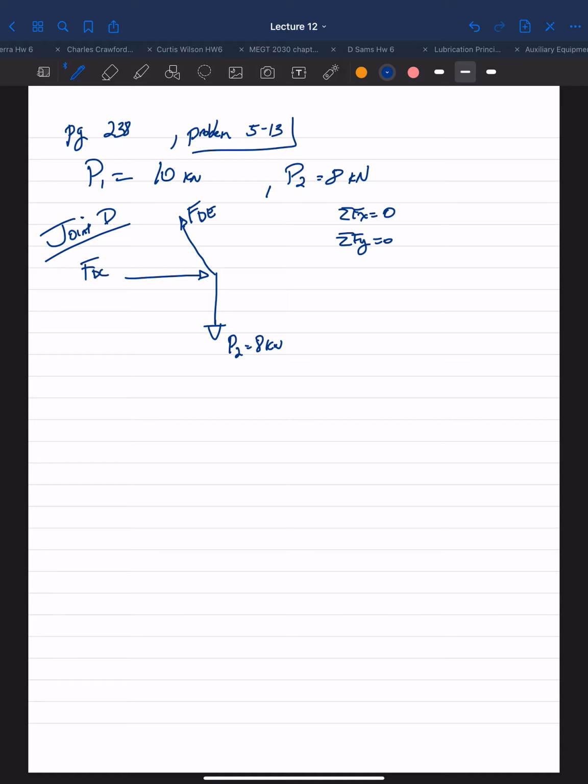Now we need to know the angle here. They gave us in the initial diagram the right side of the truss, and I'll draw that here. This is D, E, C. This was 1 meter, and this is 2 meters.